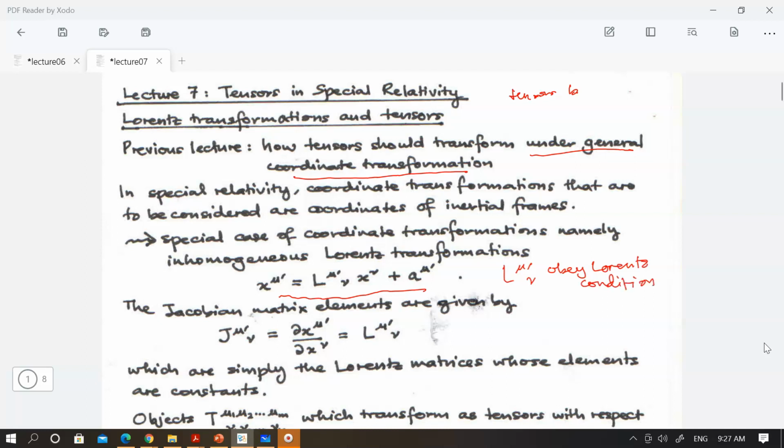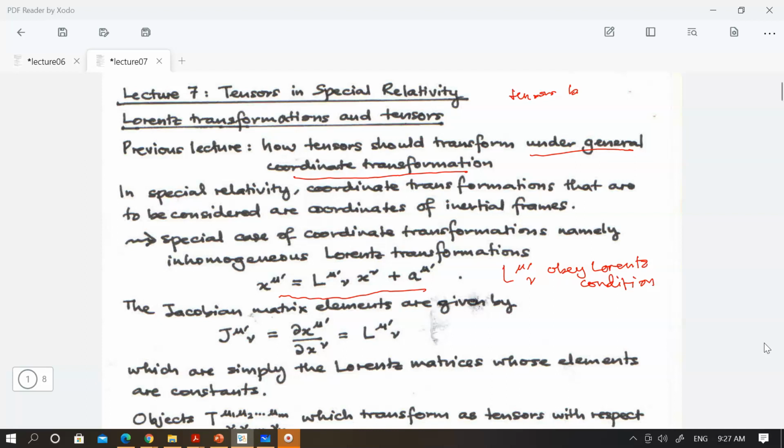So in other words, here we go from the general case to a very special case for which it becomes quite simple, because essentially this is a linear transformation. If I want to do the Jacobian, for example, I take partial x mu dash over partial x nu on this equation.